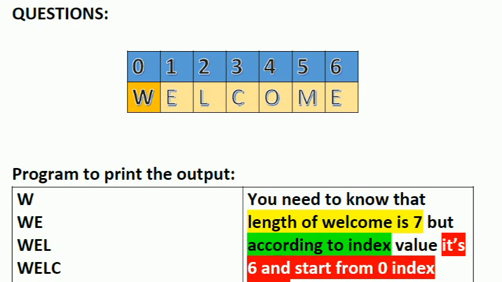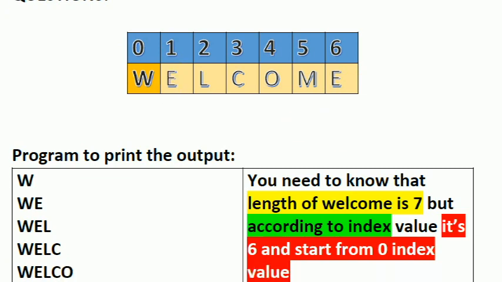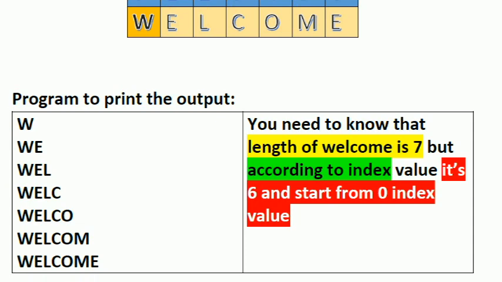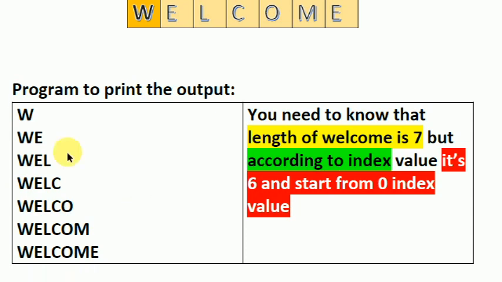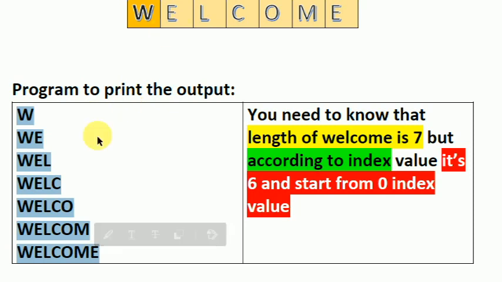Now let us discuss one question. In this question I'm using the same welcome string as shown, and I need the output like this. It is given on the left side. This is the output I need, meaning this string is going to be printed like this.